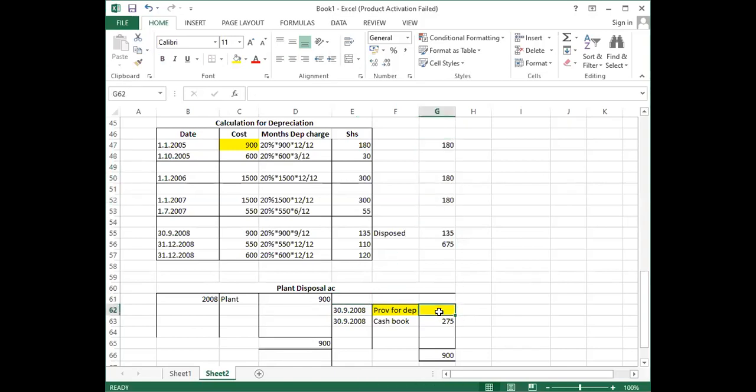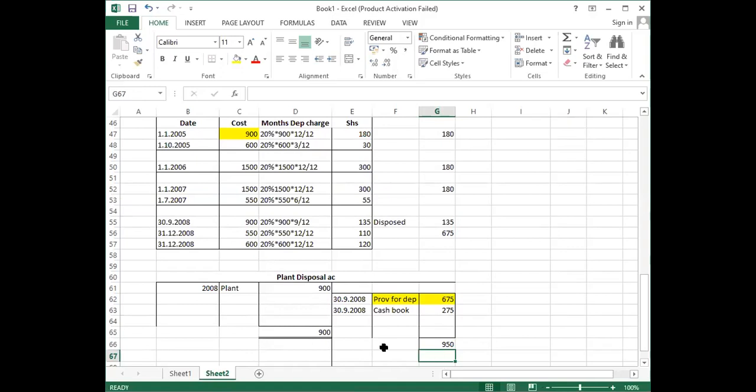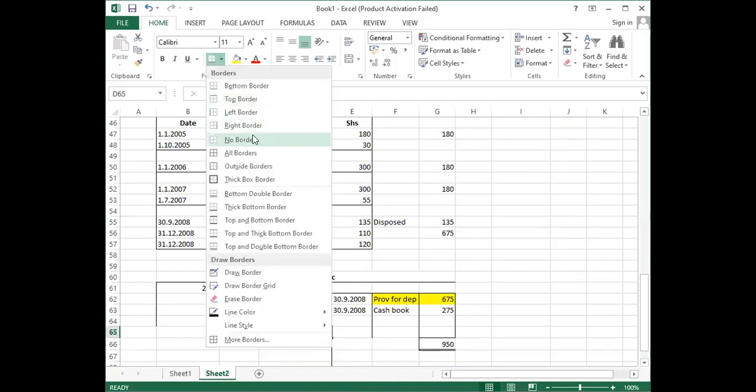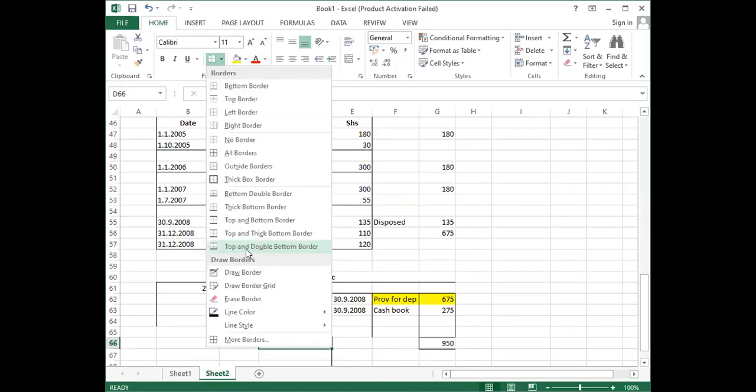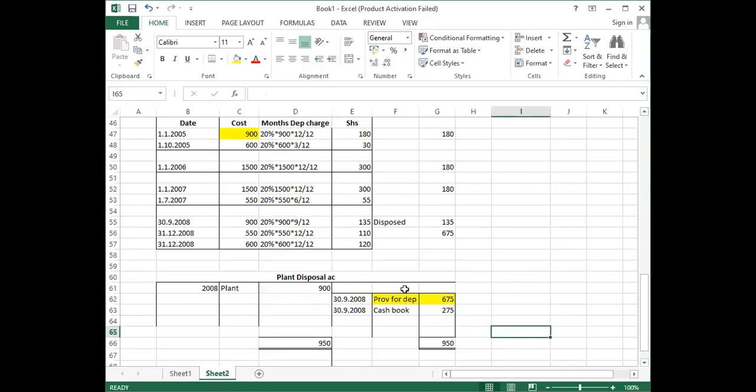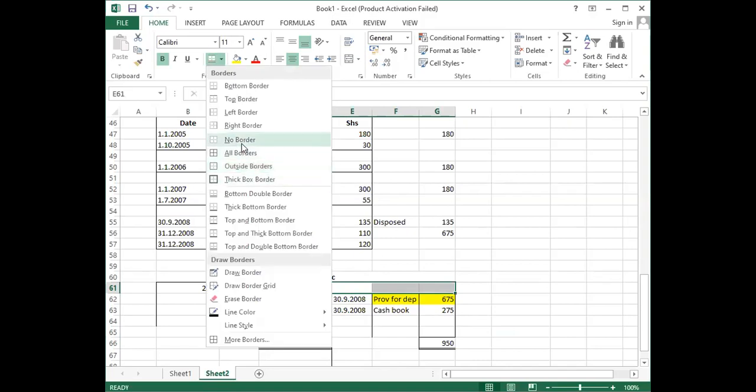Come and write our figure here as 675, right? The total of this will be 950, right? The 950 becomes our balancing figure down here. You see this, clear that we have 950 there, right?